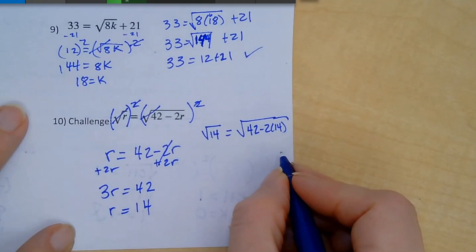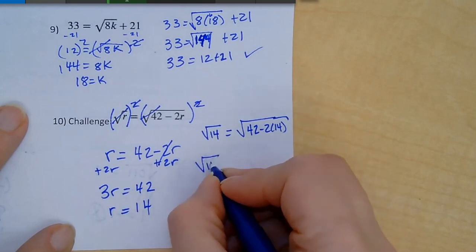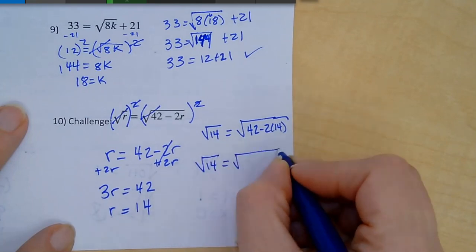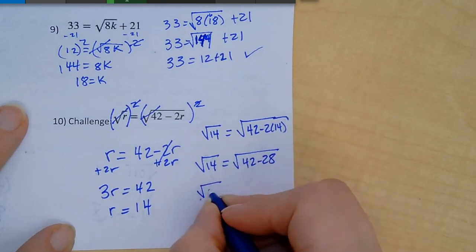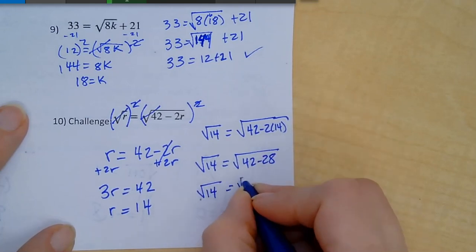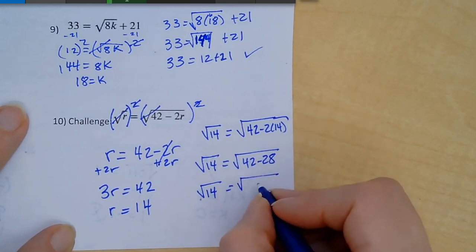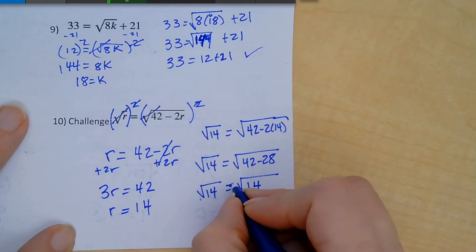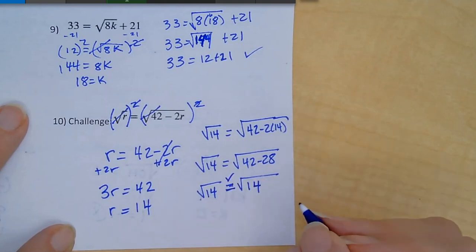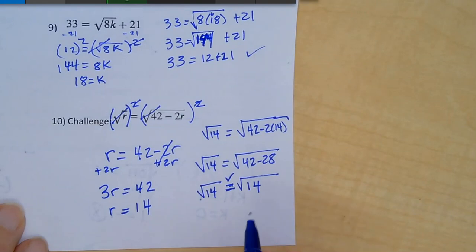So the square root of 14 equals the square root of 42 minus 28, and 42 minus 28 really is 14. So square root of 14 equals the square root of 14. That is a true statement, and I don't even have to try to simplify that, because I can leave it right there since I can see that I have a true statement. So my answer really should be r equals 14.